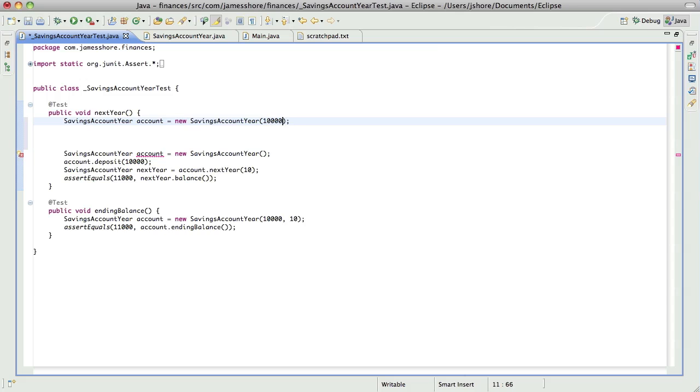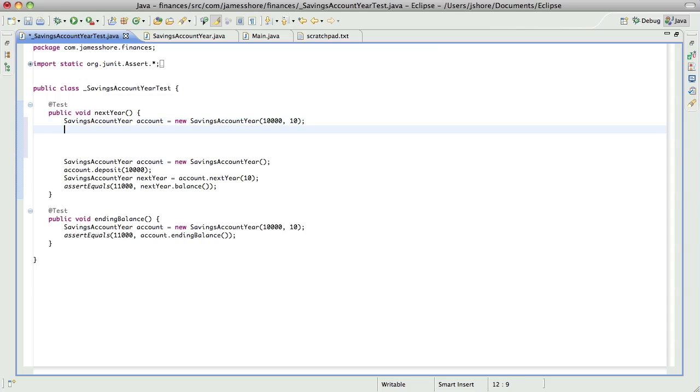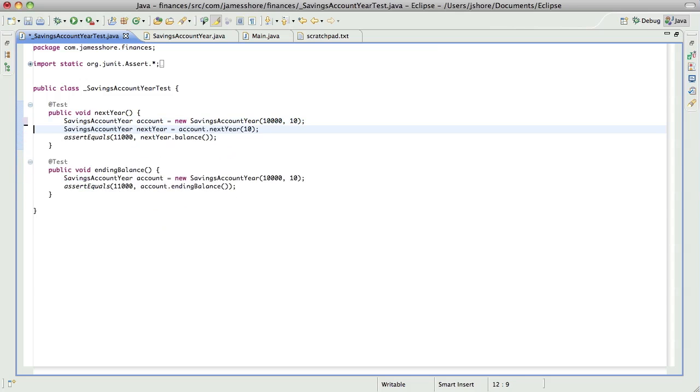So we're going to say it starts with 10,000, has an interest rate of 10. The next year's balance, next year's starting balance should equal this year's ending balance. So that does mean that we'll need a starting balance.